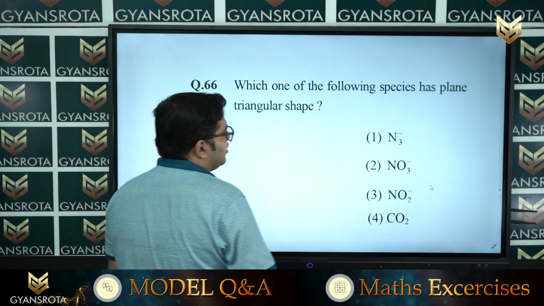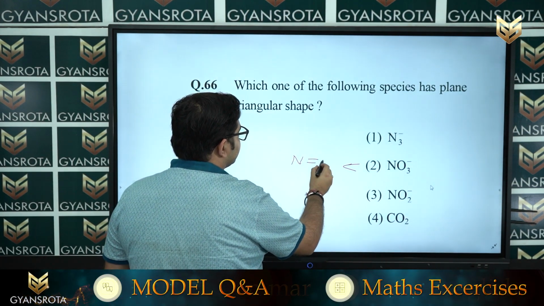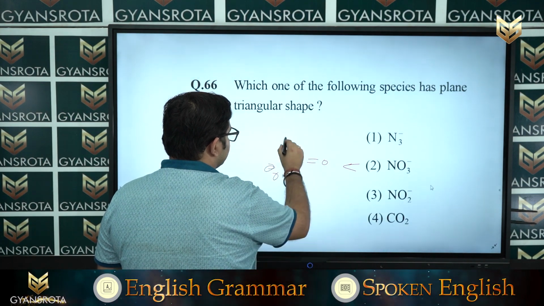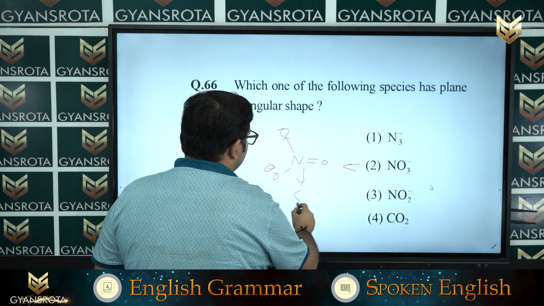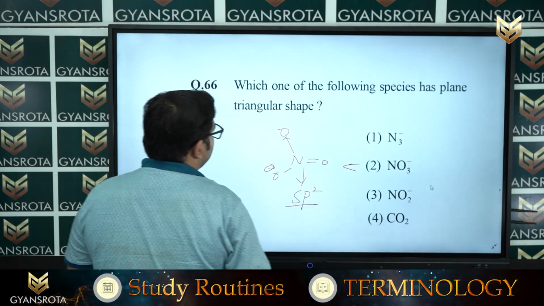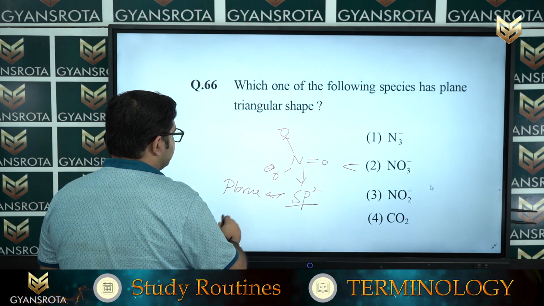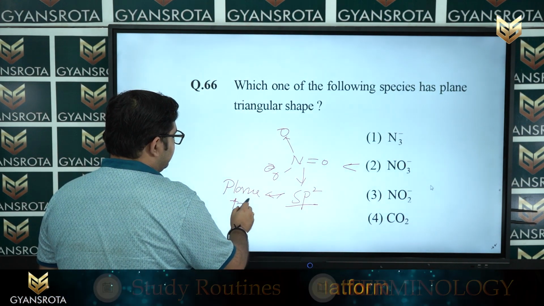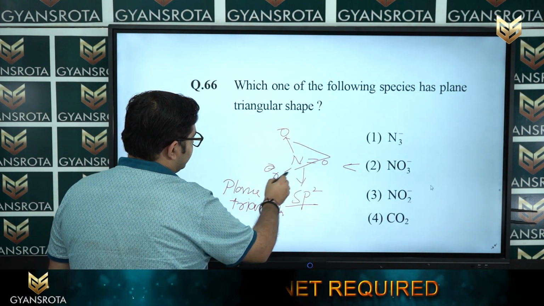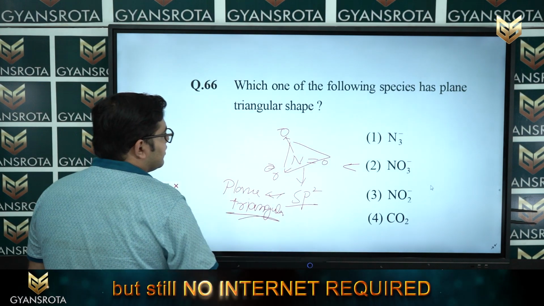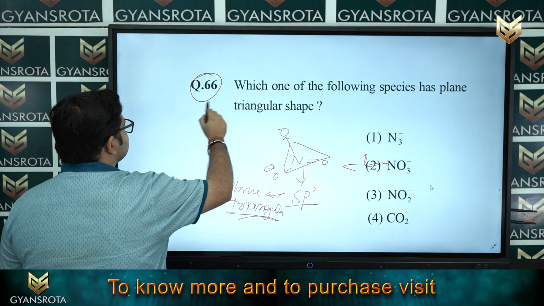Among the options, option number 2, if I draw the structure, it will look like this, and this is sp2 hybridized, and sp2 hybridized is a plane triangular shape. What is the shape? The shape is plane triangular, it will look like this. So, option number 2 is the correct answer of your question number 66.